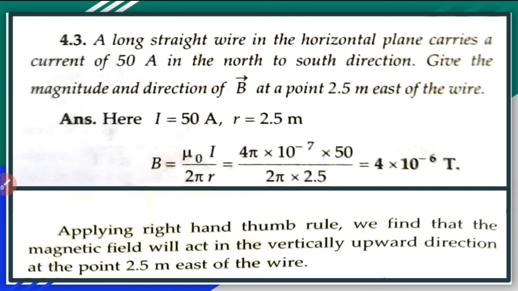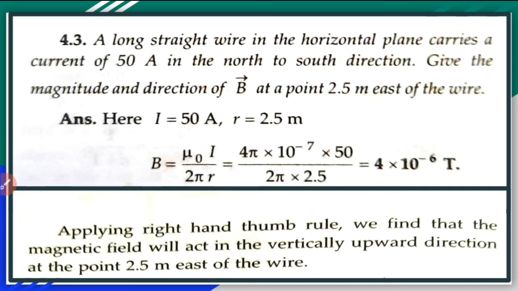It is a long straight wire carrying current in the north to south direction. You are asked to find the magnitude and direction. To find the magnitude, you can use the equation mu 0 I by 2 pi r. Doing the substitution, a direct question, we will get 4 into 10 raised to minus 6 Tesla.